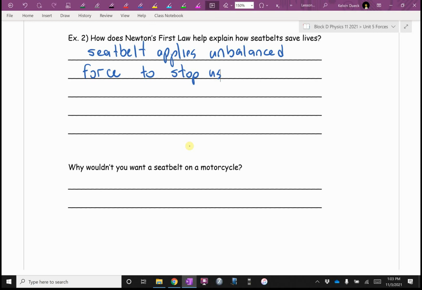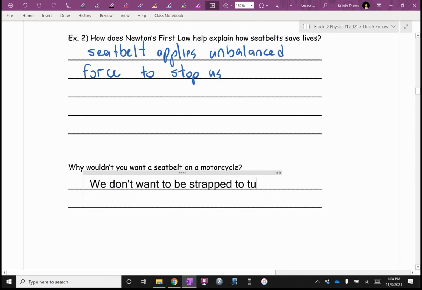And there's a good chance that if you flipped over, depending on what the impact is, you would just naturally be forced into this position, so you'd be okay. But yeah, there's still a risk there. So what do we want to say here? We don't want to be strapped to tumbling wreckage.